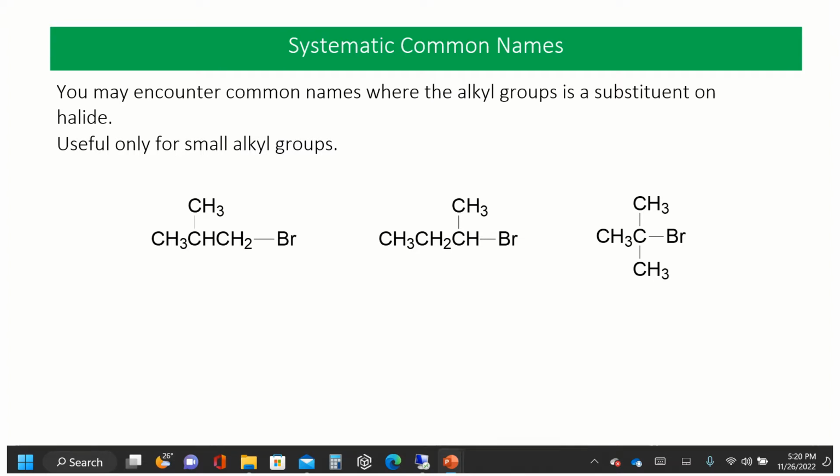For example, on the left here, we have an isobutyl. We came across this when we talked about the alkanes. And there is a bromine present on this isobutyl, so it's an isobutyl bromide. See here, for example, we have the tert-butyl bromide.